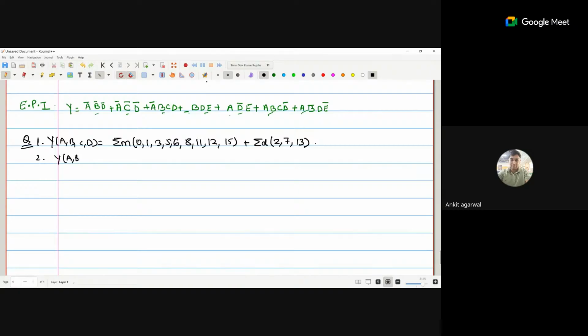F of A, B, C, D is equal to sigma m 0, 4, 6, 7, 9, 10, 12, 14, 15 plus sigma d 1, 3, 13.